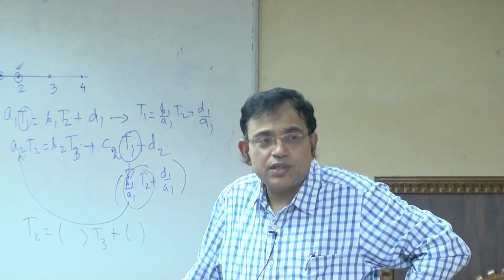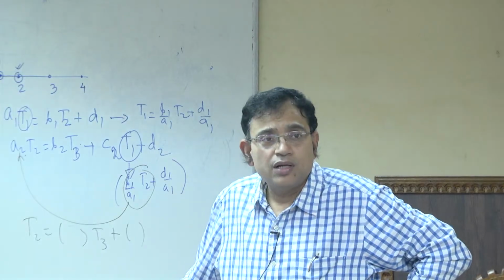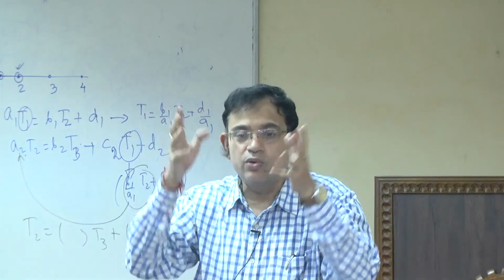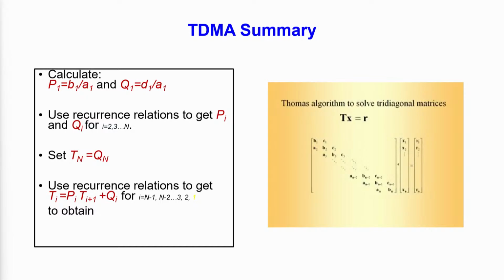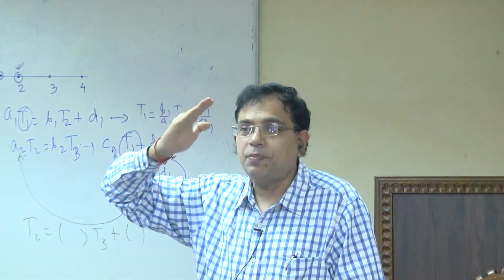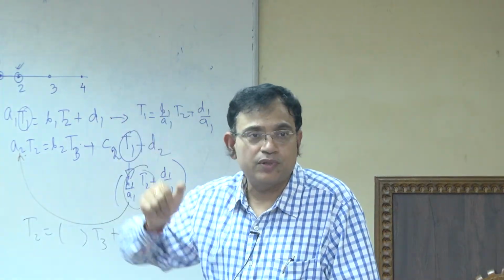So whatever is the forward elimination and backward substitution in Gaussian elimination, you are able to do that in a much simpler way, because in Gaussian elimination you are generally talking about a matrix which is flooded with values, but here you have only 3 diagonals. The main diagonal for the main grid point P, the upper diagonal for the grid point capital E and the lower diagonal for the grid point capital W for each of the points.